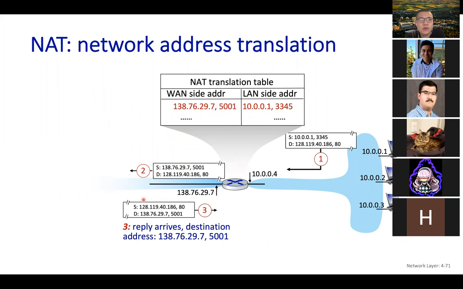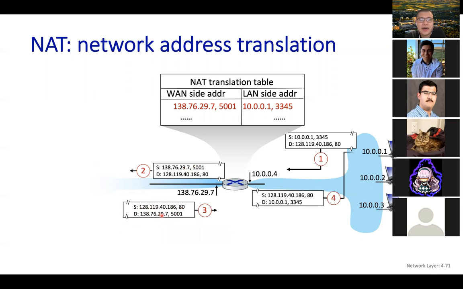Okay, and for example, if you are doing something with HTTP and the server will reply something, you can see here, the destination is what you have been translated to, right? And this is the source IP address you have been sent to, okay? And the reply passes the router, and the router will translate the IP address back.